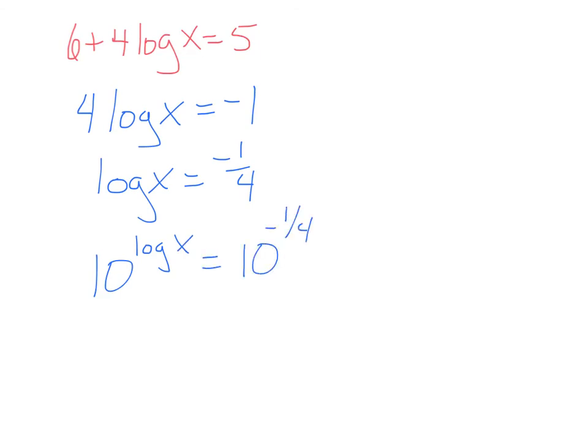Since these are kind of like inverses, on the left-hand side we're just left with x, and that equals 10 to the -1/4 power. And we can just type that into a calculator and get 0.5623.